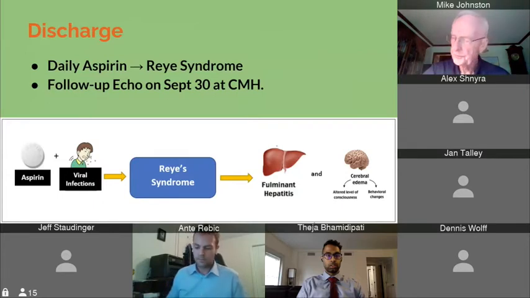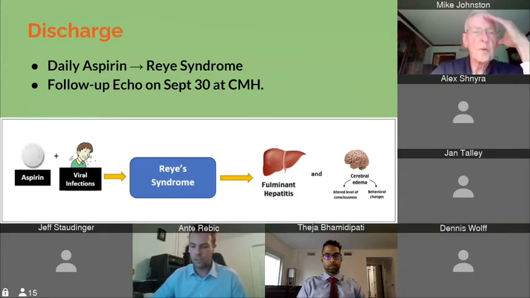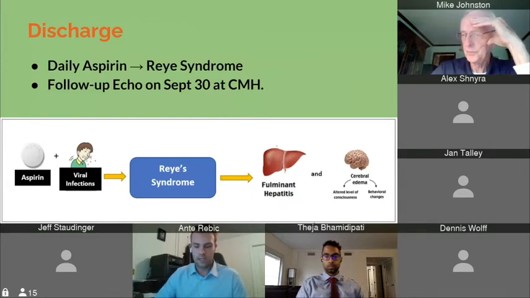Now this posed the question of possible Reye's syndrome, and usually we discourage use of aspirin in all children under the age of 18 due to Reye's syndrome. Reye's syndrome is liver failure that can cause significant cerebral edema and ultimately death of a patient or significant pathology that would require liver transplant.